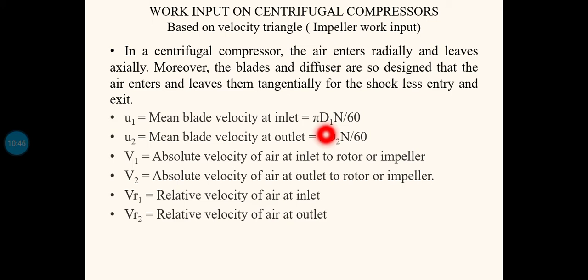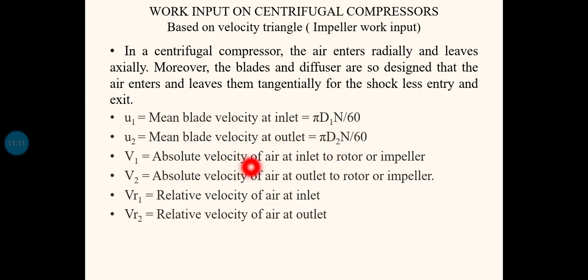The inner portion is the eye of the impeller, so the eye diameter will be d1. So pi d1 n by 60 will give u1, the mean blade velocity at inlet. Similarly, u2 is the mean blade velocity at outlet, calculated by pi d2 n by 60, where d2 is the tip diameter of the impeller, the outer diameter of the impeller.